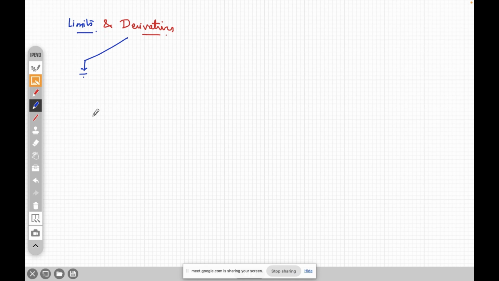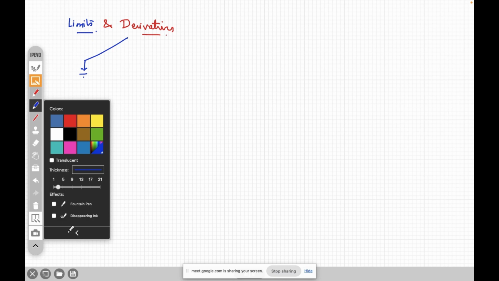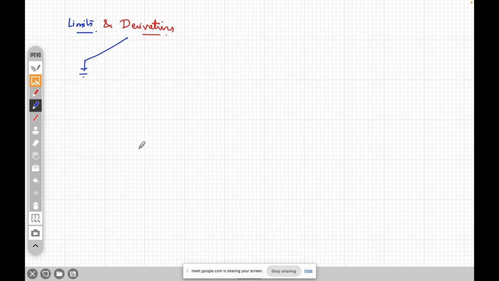Derivatives is what I am going to explain. By our understanding of functions, we broadly define them into three categories: algebraic functions, trigonometric functions, which are trigonometric plus inverse trigonometric functions, and exponential and logarithmic functions.